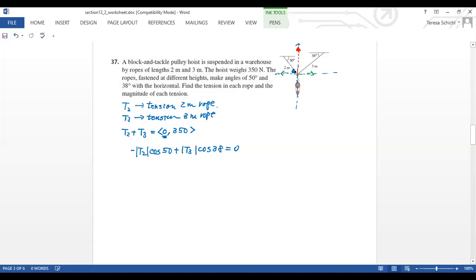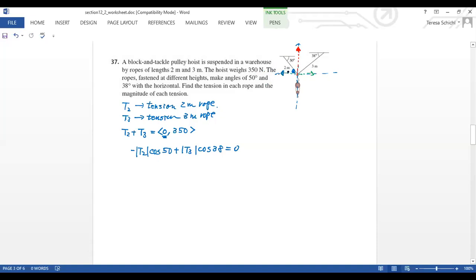So these ropes here, this is tension number 2. Take a look, this is the horizontal part, the X direction part. The reason this one is negative is that it goes this way, to the left-hand side. If you put in a coordinate system, this is negative.